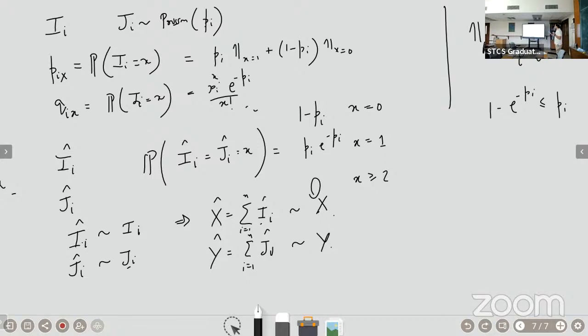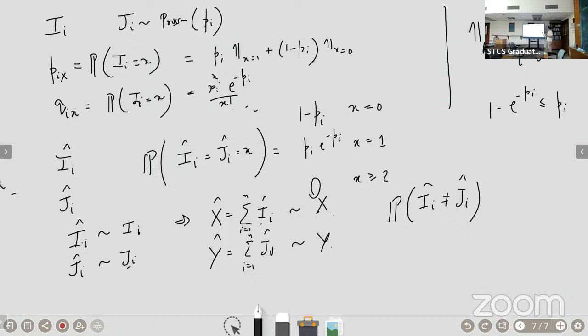So what was our probability? What did this theorem actually tell us? It told us something about the probability that I hat is not equal to J hat.